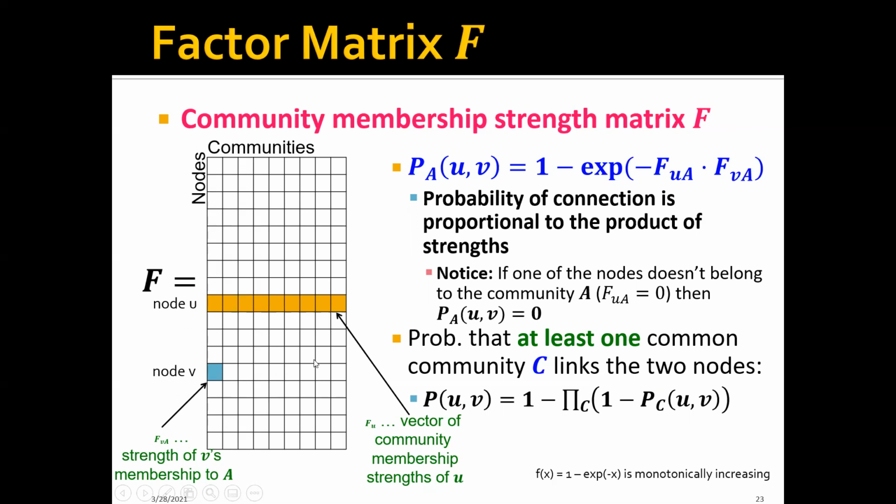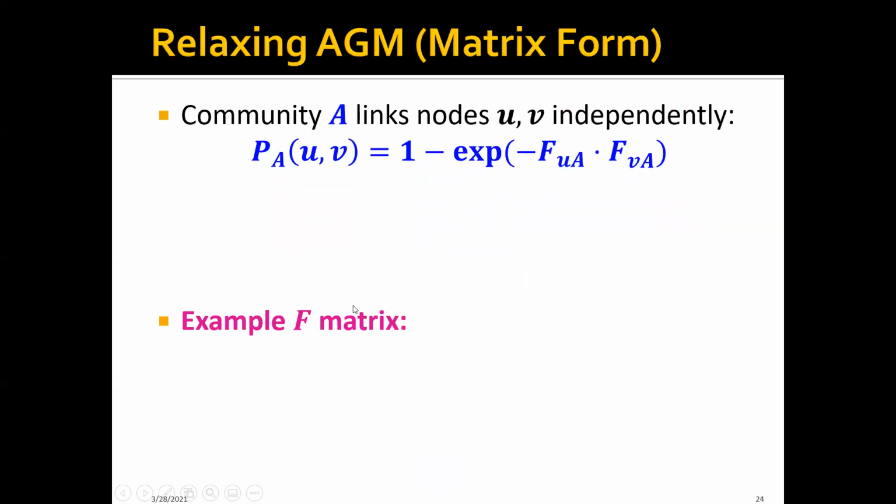Let's say this row corresponds to node v, then this entry corresponds to the strength of node v's membership to community A. And let's say this row corresponds to node u, then this whole vector is the vector of community membership strengths of node u. Using this large matrix, we can write the log likelihood in a matrix formulation.